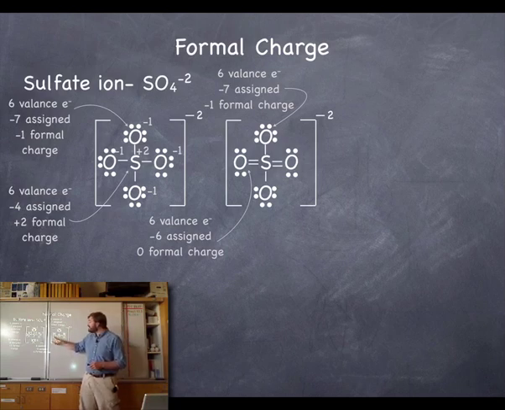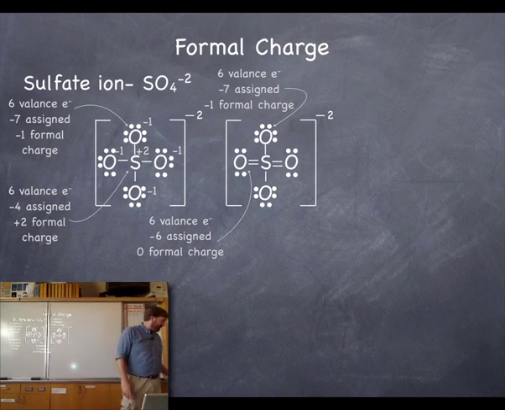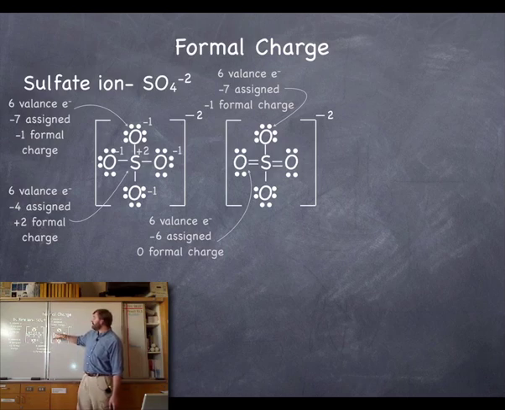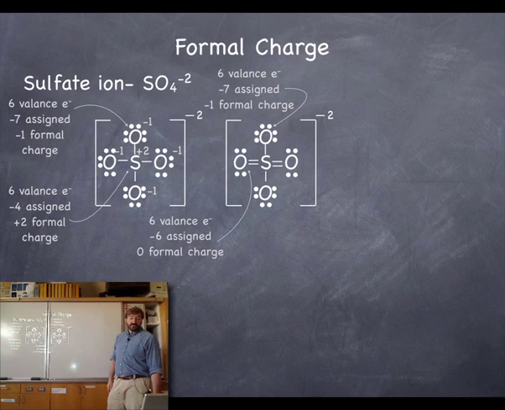Versus these double bonded oxygens, they have 6 valence electrons like all oxygens do. But now they only have 1, 2, 3, 4, 5, 6 electrons. So this oxygen has a formal charge of 0. Okay? This oxygen has a formal charge of 0.